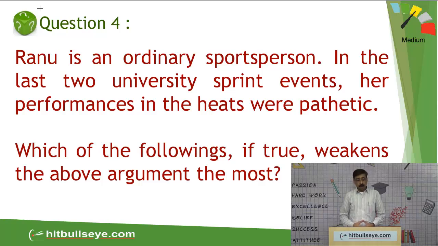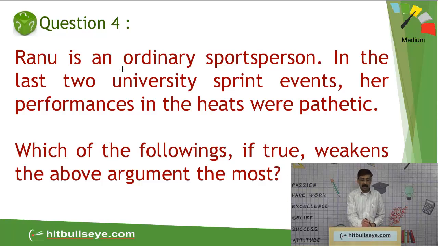Ranu is an ordinary sports person. In the last two university sprint events, her performance in the heats trials was pathetic, meaning dismal, sad. Which of the following, if true, will weaken the argument? This we have been asked. We know that strengthening and weakening is done on the basis of an assumption made by the author related to the question. So we need to first find out the conclusion which we are supposed to weaken.